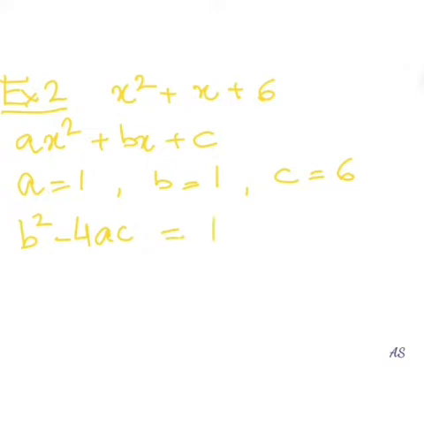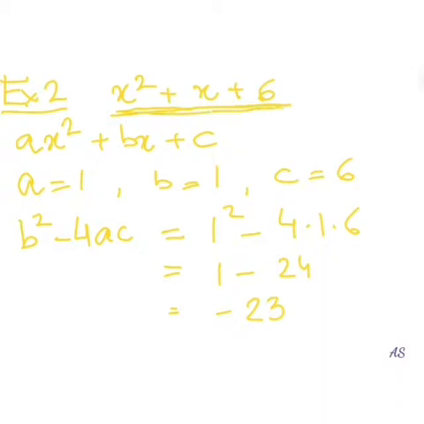So 1 square minus 4 into 1 into 6, which is 1 minus 24. So it's a negative number. So this is not a perfect square. So we can easily say that this expression x square plus x plus 6 cannot be factorized.